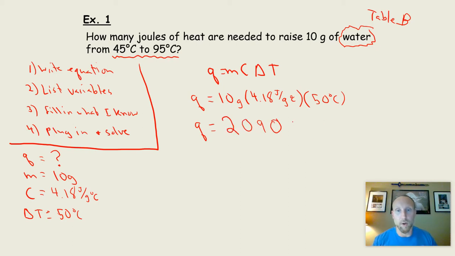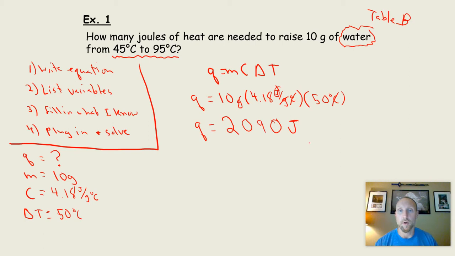And what are our units? Our units are joules. How do we know? There are a couple of ways. It says how many joules in the question. Also, Q is your energy, so that's joules. But if you include your units in your calculation, look what happens. Grams over grams cancels out, degrees over degrees cancels out, and look what we're left with: joules.